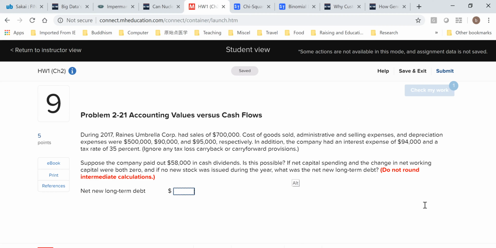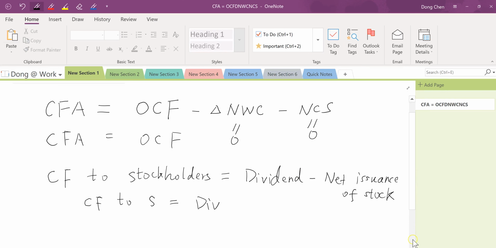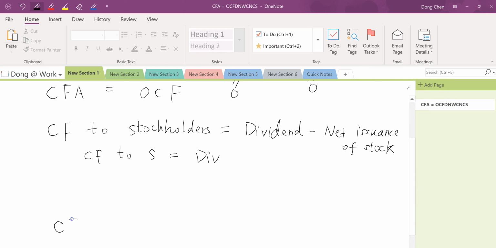So the trick here is to use the so-called cash flow identity. Let me write it down here. Cash flow from assets equals cash flow to stockholders plus cash flow to creditors.